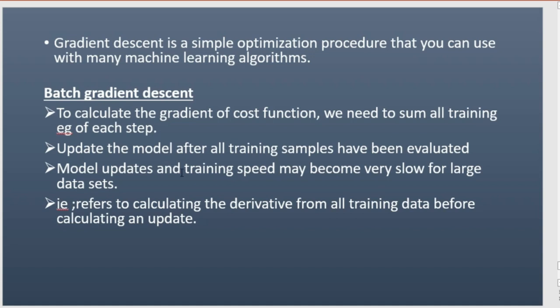The model updates and training speed may become very slow for large sets. See, if you're taking millions of data and taking the sum of all the data together, it will become slow. That is, it refers to calculating the derivative of all training data before calculating an update. So it will become very slow.